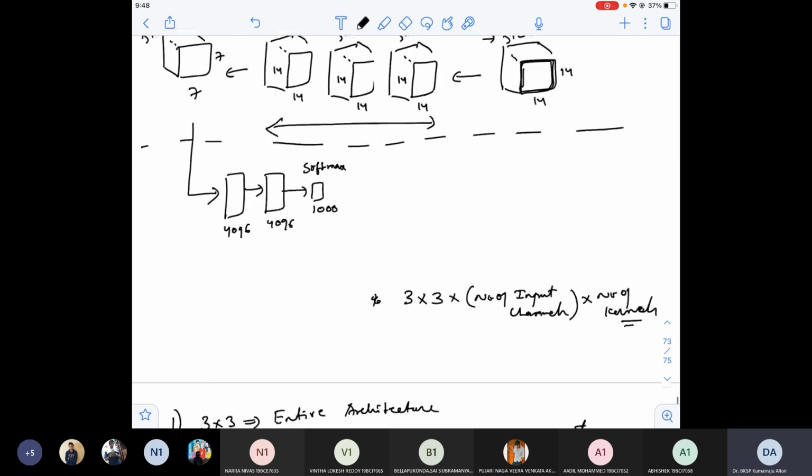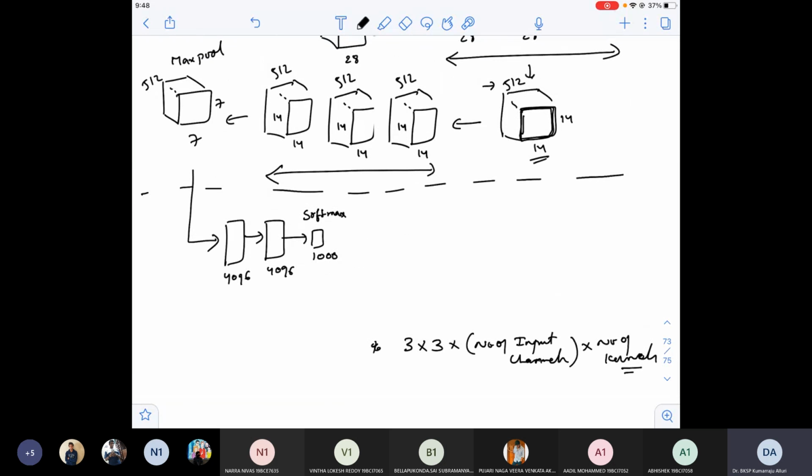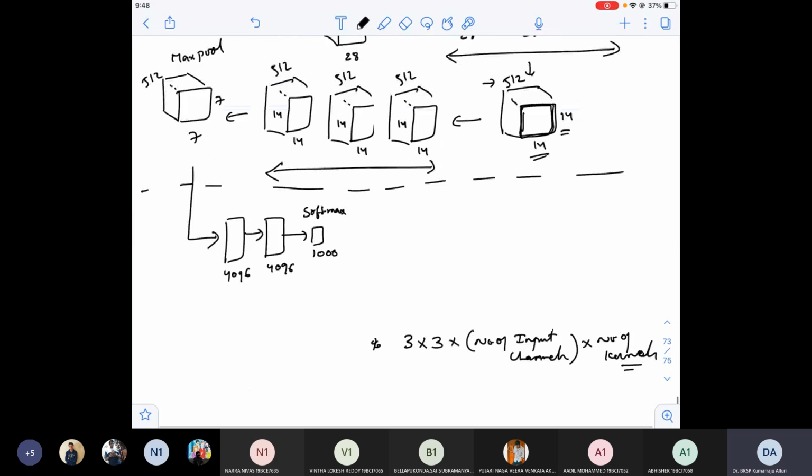But if you do it for the fully connected layers, how do you connect? 14 cross 14 cross 512 into 4096 into 4096 into 1000.